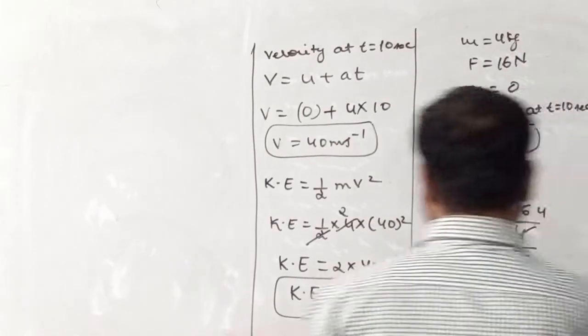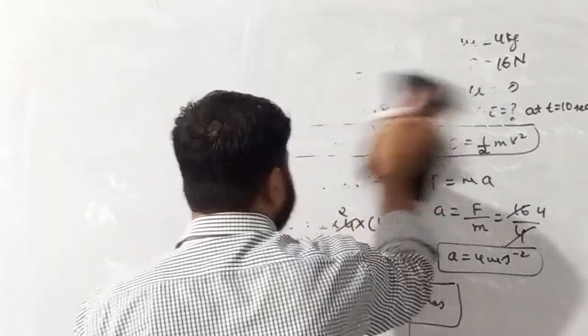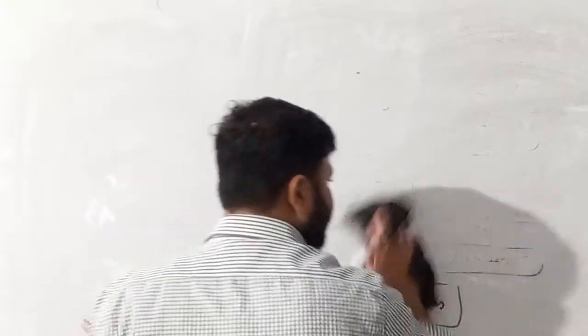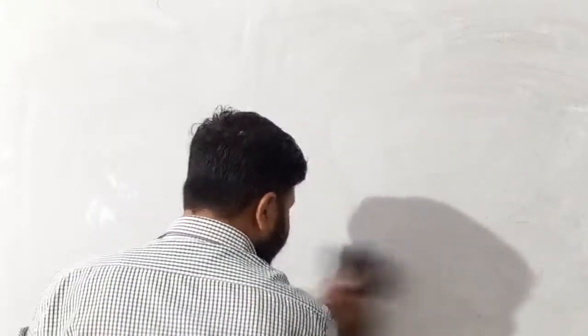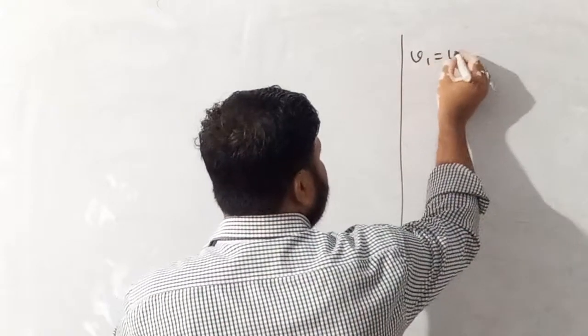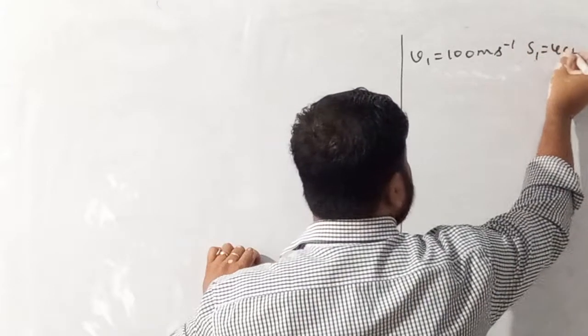thick. So my dear student, under velocity of 100 meter per second, the displacement is considered to be 4 centimeter. So we can write here V1 equals 100 meter per second, and due to that velocity the pierce distance is 4 centimeter.